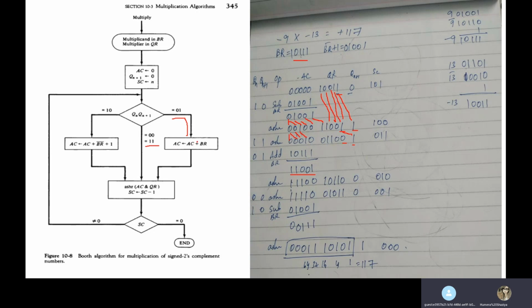After performing this addition operation, you need to further perform arithmetic shift right. This one is preserved, and the process continues, and this 0 goes into Qn plus 1.